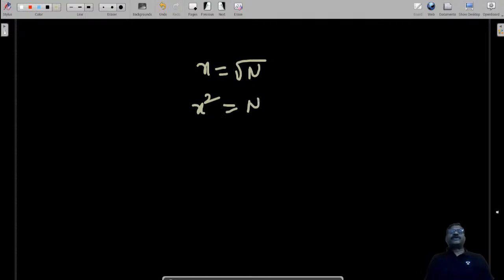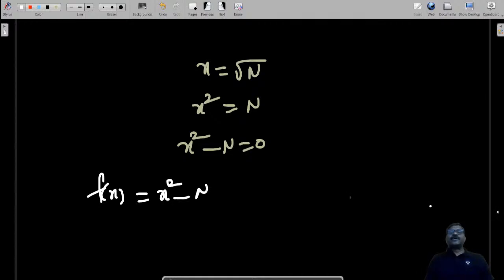Therefore, x square equal to n, so x square minus n equal to 0. F of x is x square minus n, f dash x is 2x.